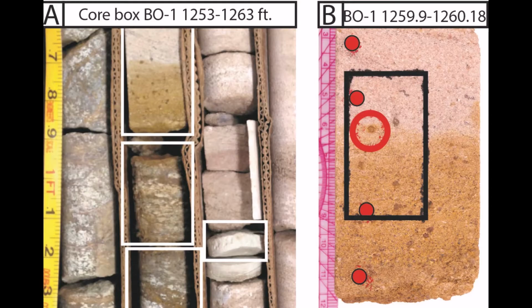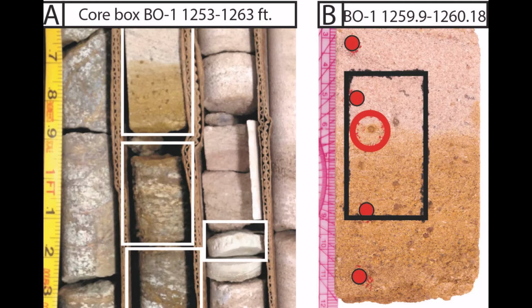After we make as many observations as we can, and we've cataloged all the sample photos, we choose where on the sample we want to take an analysis. In Figure A, you see the original sample in its place in the core box in the upper center. In Figure B, we have marked with a black box where we want to take a microscope slide.